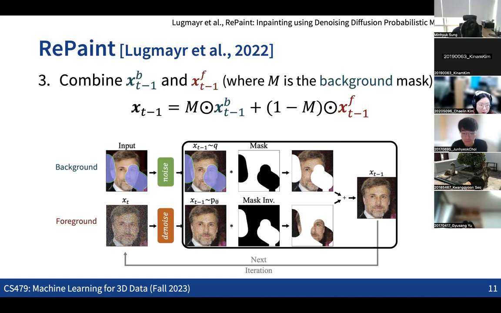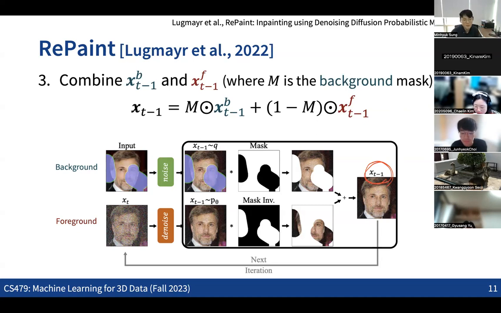For the image coming from the foreground, we take the foreground region by multiplying by the mask. For the other image, we take the background region using the inverse mask. Finally, we get the combined x_{t-1}, which will be used as the intermediate noise image in the next step.